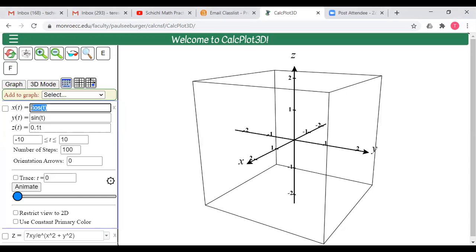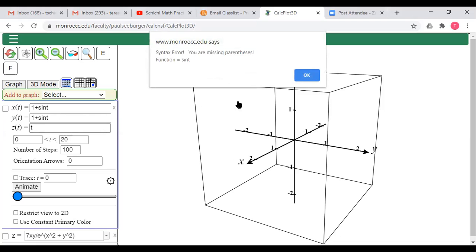You just type in your functions. The first function is 1 plus sine t, and the next one is also 1 plus sine t. Then the third one is just t. And then you can choose different values. Let's say t is greater than 0 and less than, you can give it a number, say 20, if you want to plot it.